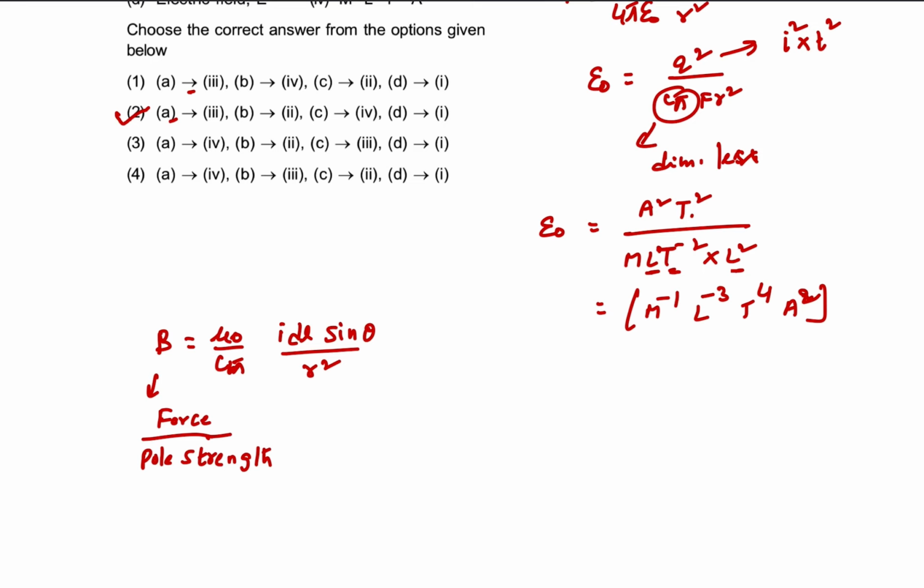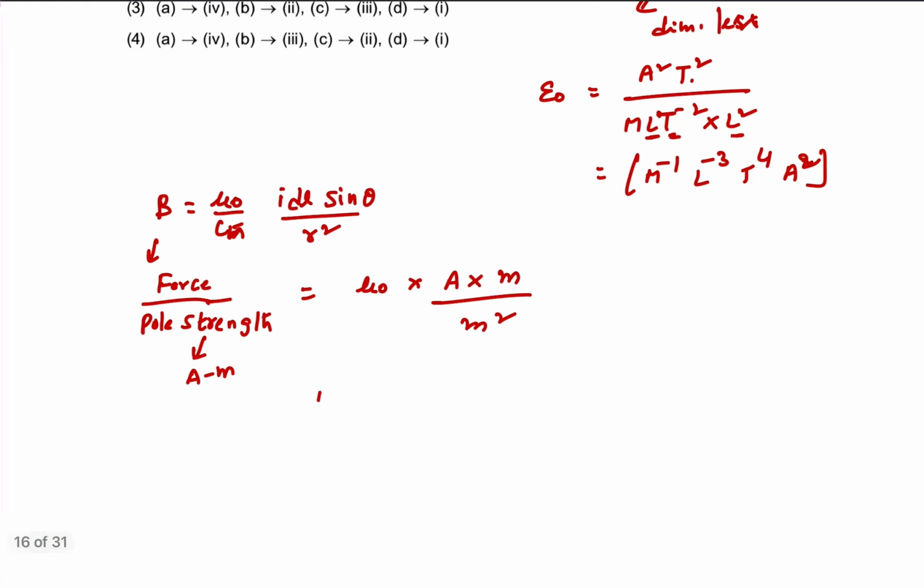Pole strength is nothing but ampere meter, that is the unit. This is equal to mu naught, I is ampere, dl is meter, divided by meter square. Force is M L T power minus 2, ampere length is equal to mu naught, dimension of mu naught into dimension of A, which is A only.